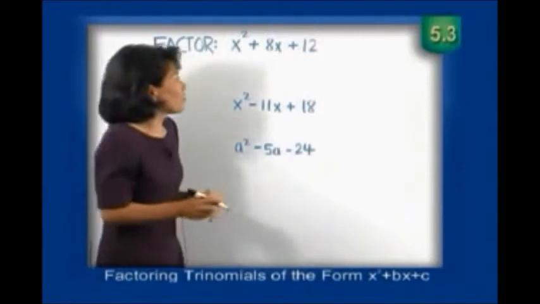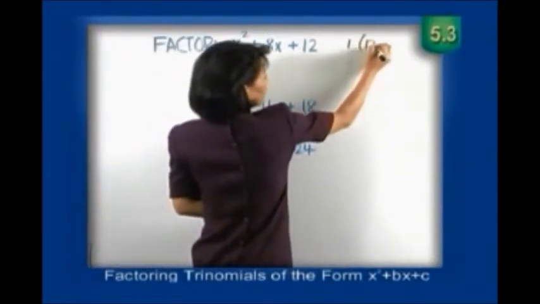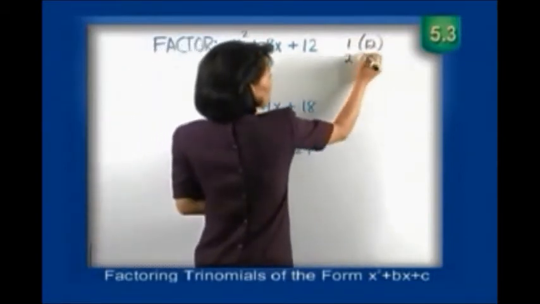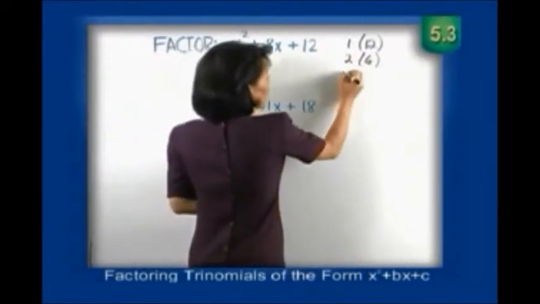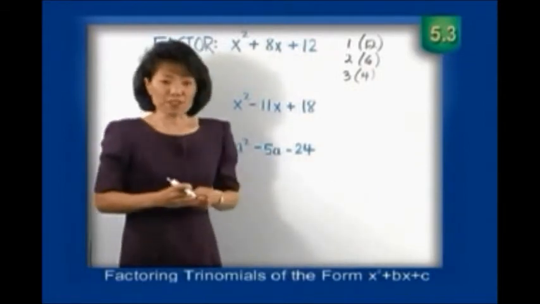Let's write those down. 12 could be 1 times 12. 12 can also be 2 times 6. And 12 can also be 3 times 4. Now, those are all the factors of 12.